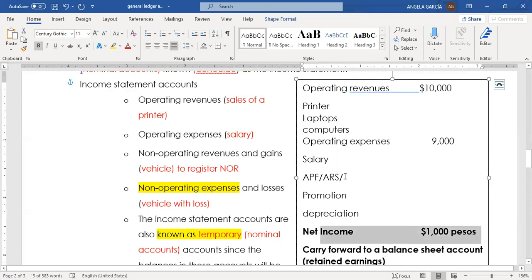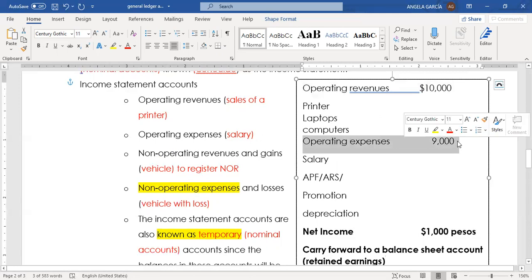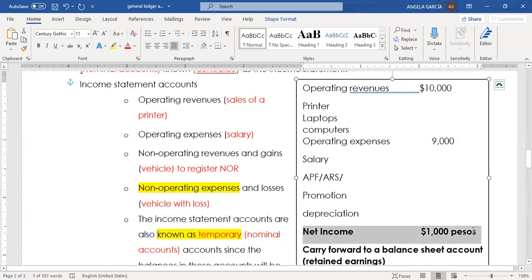Remember, when you are making the closing entries, you are doing a debit for operating revenues and a credit for operating expenses. At the end, you have an amount. Actually, in this example, it is the net income of 1,000 pesos that you need to carry forward to a credit account for retained earnings. It is a credit because we have an income here.